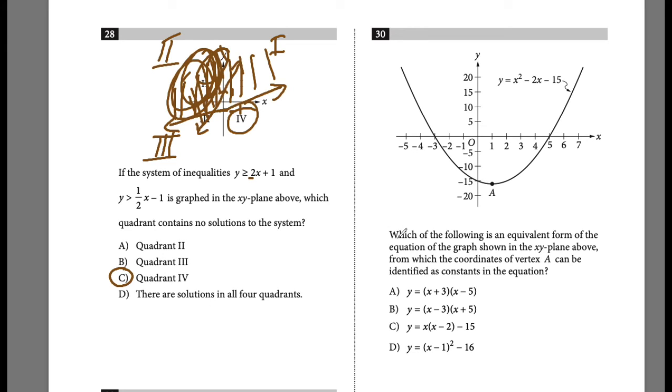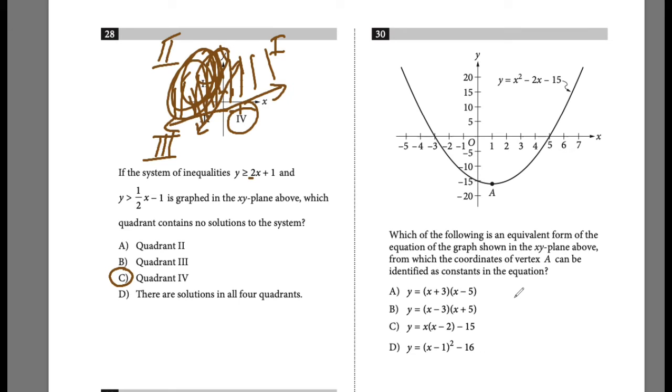Number 30. Which of the following is an equivalent form of the equation of the graph shown in the xy plane above, from which the coordinates of vertex A can be identified as constants in the equation? In order to solve this question, we need to understand what the formula is for a vertex quadratic form.